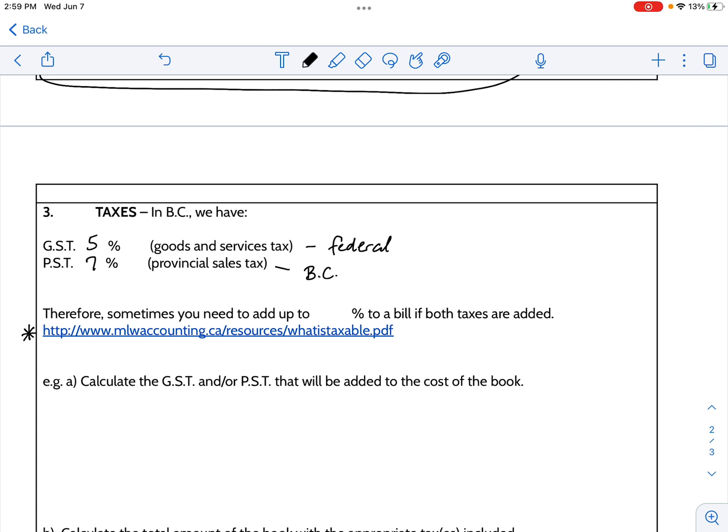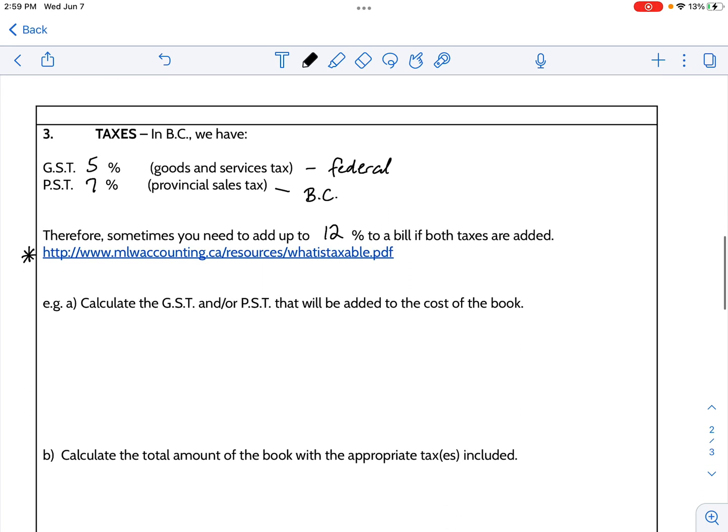Remember we talked about taxes and where that money goes: usually it goes to government services and then it gets split up into various areas that go back into the community. So sometimes you need to add up to 12% to a bill if both taxes are added. In this case, we are adding both taxes.